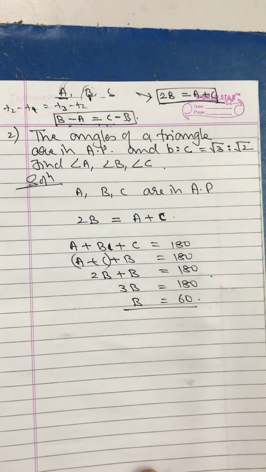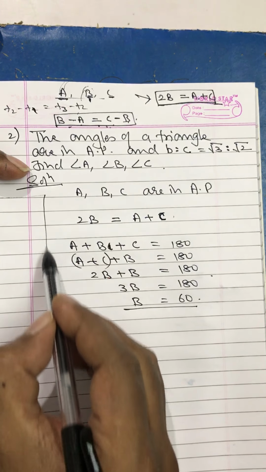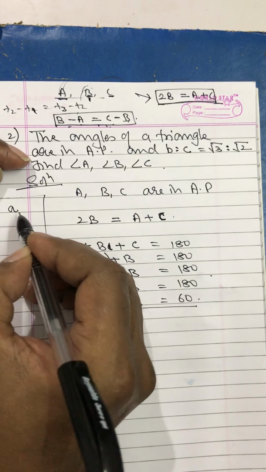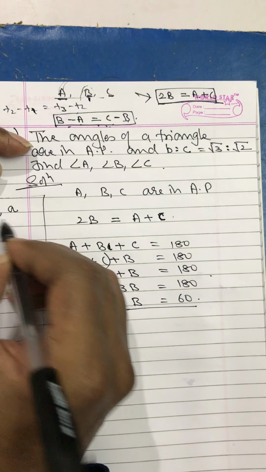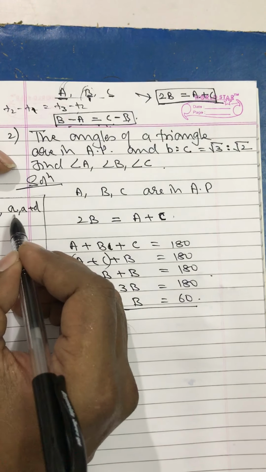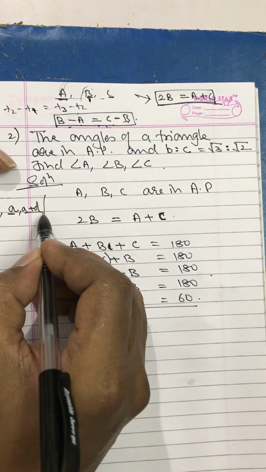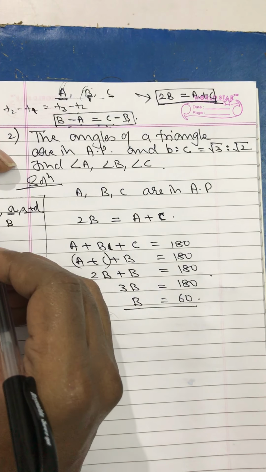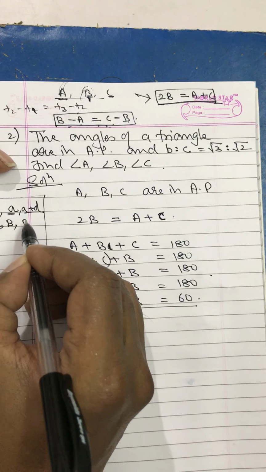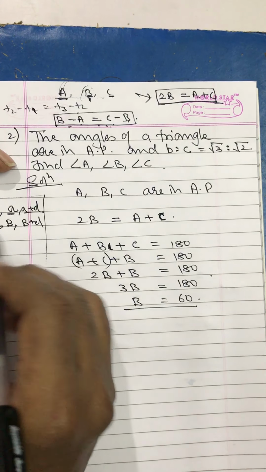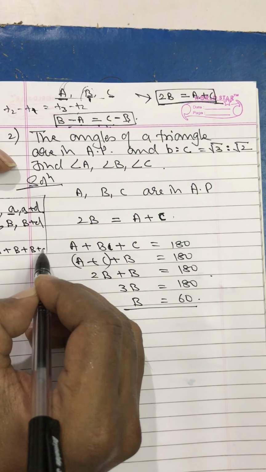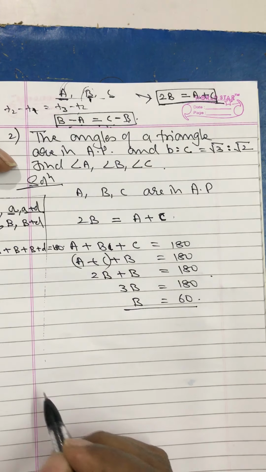See, my dear students, this we have done in the basic level also. When we know 3 terms are in arithmetic progression, the middle term is A, so first term is A minus D and the last is A plus D. So here, if this is B, this is B minus D and this will be B plus D. We know that B minus D plus B plus B plus D is equal to 180.